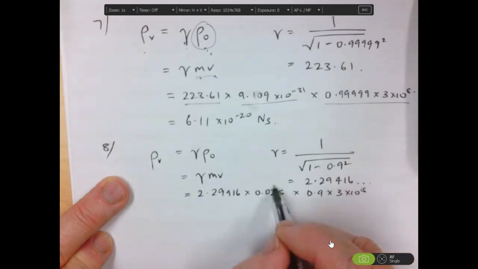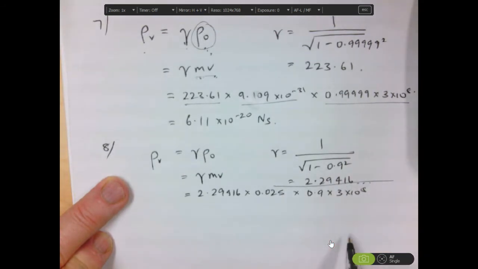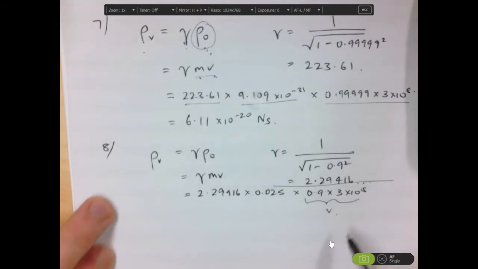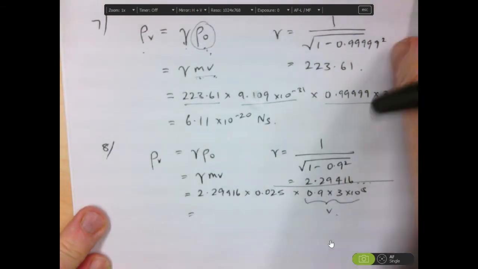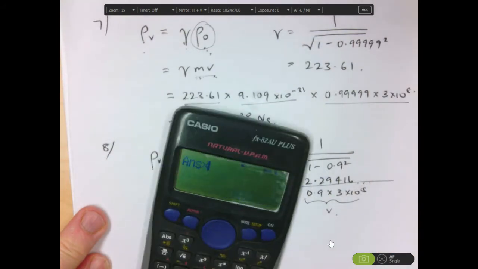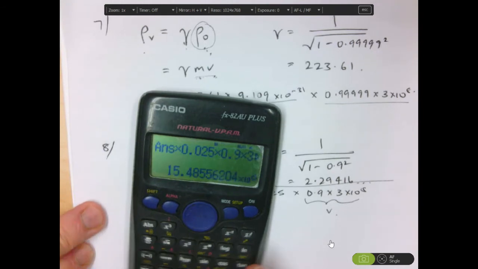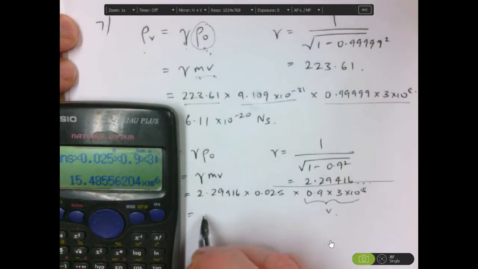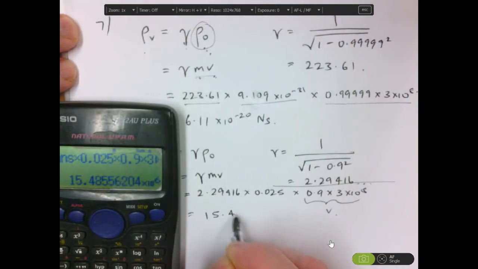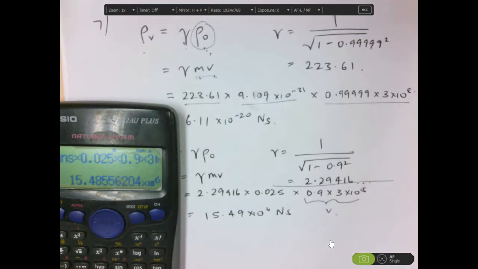So there is the velocity. Okay, so here, that's the velocity there. Rightio, multiplying that out, 2.29416 times 0.025 times 0.9 times 3 exponent 8, and that gives us 1.549 by 10 to the 6 Newton seconds.